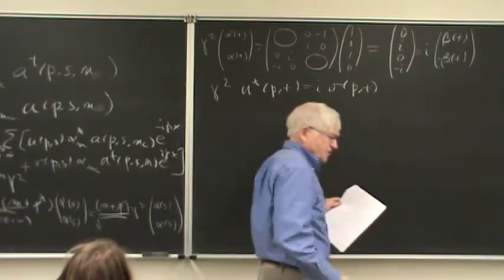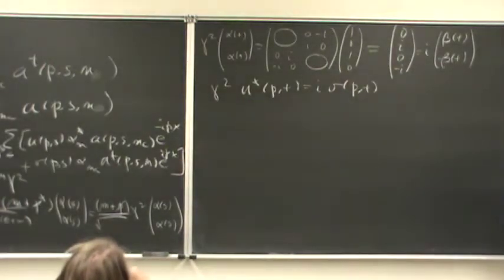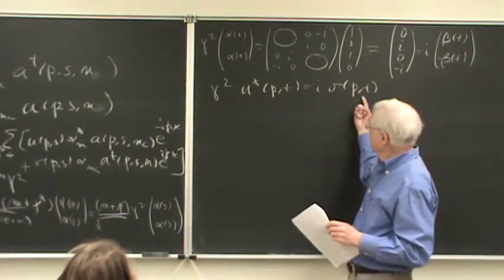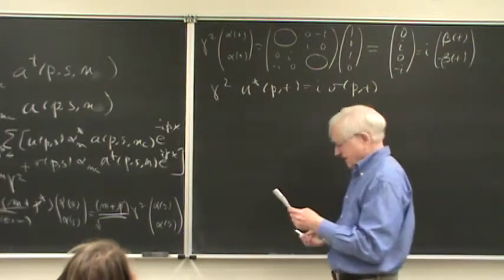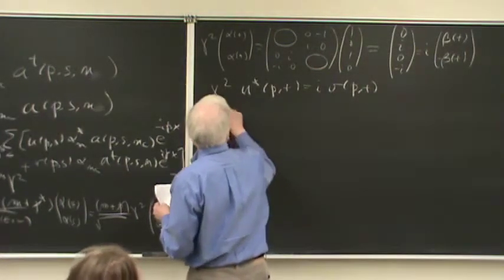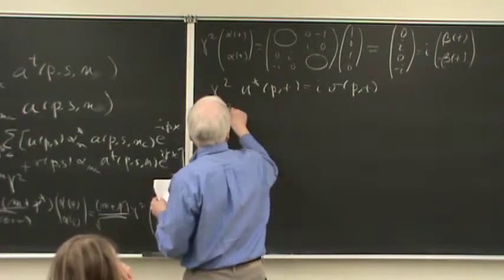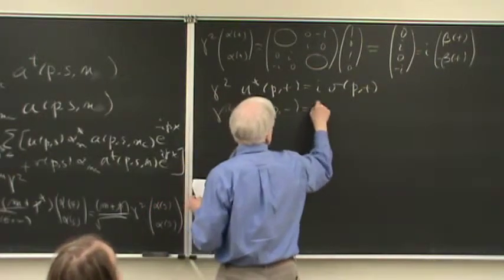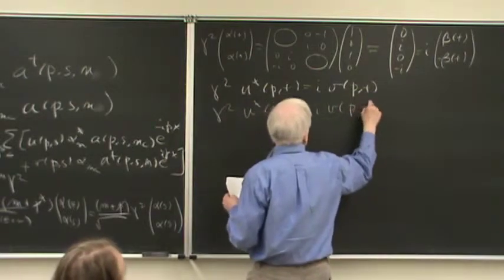So gamma 2 plus complex conjugation takes you from the spinor to the anti-spinor of the same spin, but with a factor i. And you can verify, in fact it's pretty clearly true, that u star p minus is i v p minus.